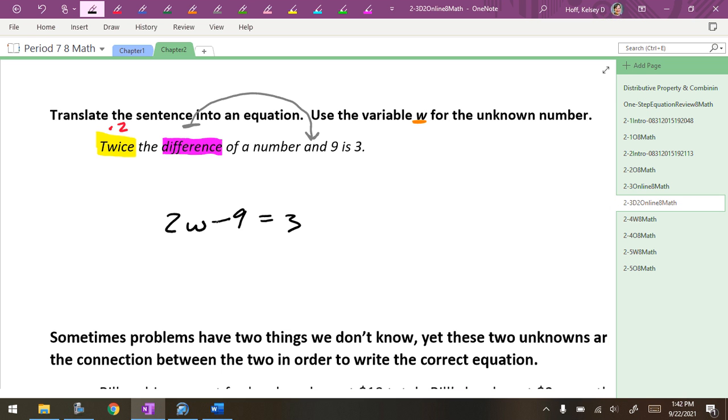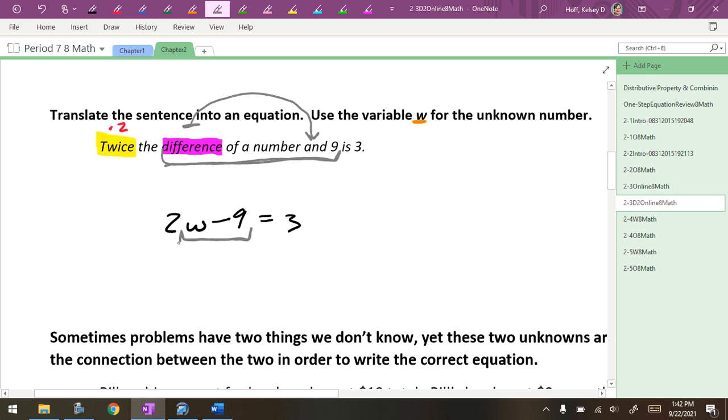Yes? Okay, do we have the difference of a number and 9? What part of what we just wrote means the difference of a number and 9? Your subtraction, your w minus 9, yes?